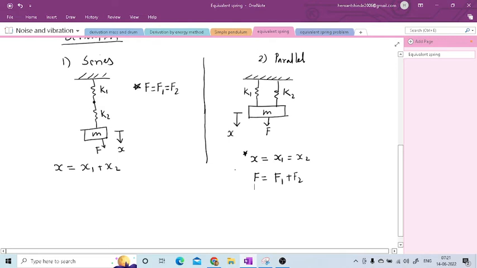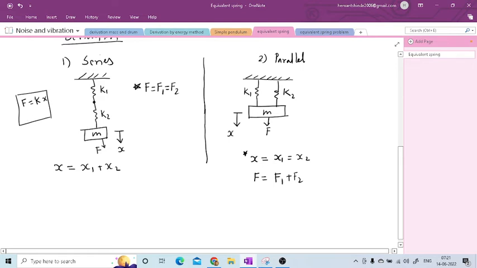Now, I am going to make the derivation. I will write one formula here. The spring force we write as F is equal to K into X, stiffness into displacement. So F is equal to Kx.